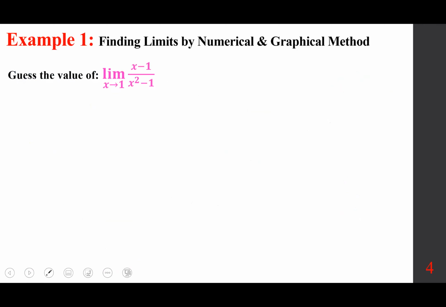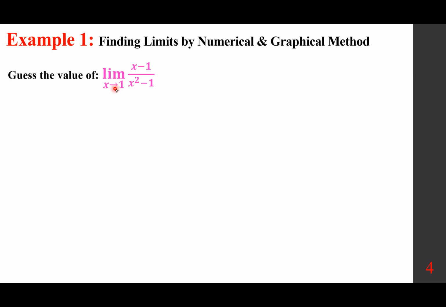All right, finding limits by numerical and graphical methods, also the algebraic or analytical method, I'm going to look at. So first we look at the limit as x approaches 1.